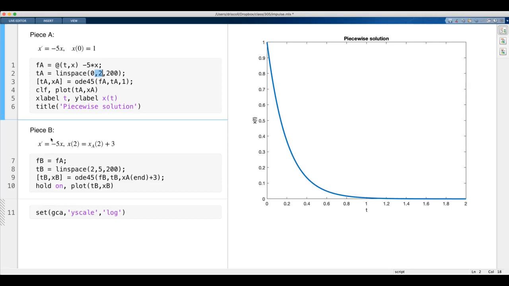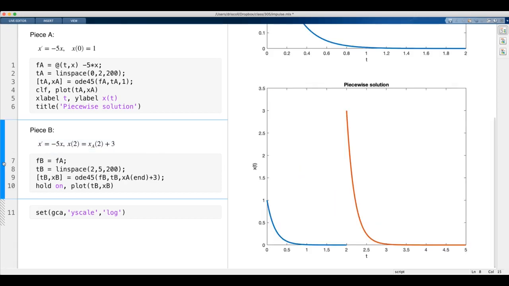And now, after the impulse, it's still the unforced equation. But what we've done is we've taken that solution at time 2, and we add 3 to that to become the initial condition for the second phase. And so it looks odd because there's a jump in the solution. It's not continuous anymore, but that's correct.